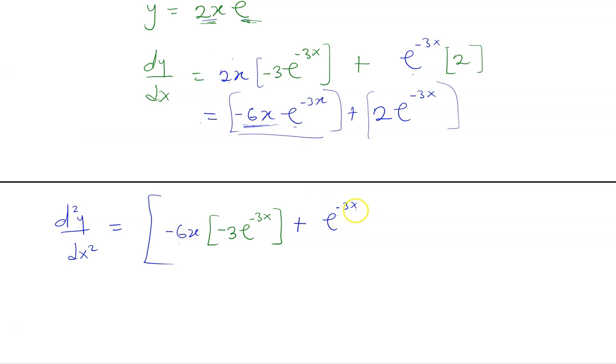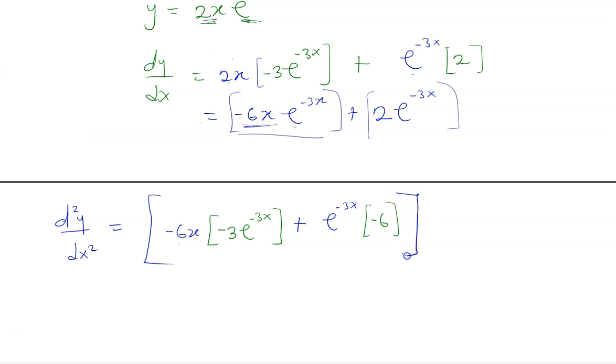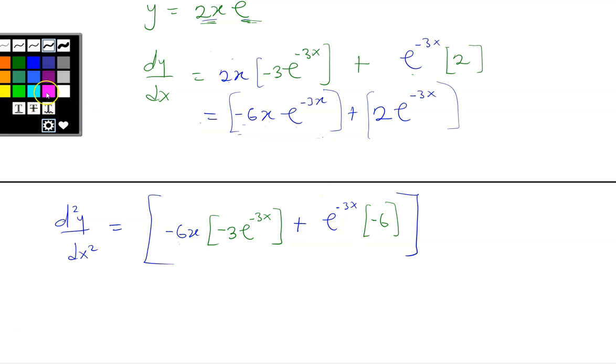We are going to get minus 6. Okay. Yes. So that is the differentiation for the bigger expression there. Okay. So now that we've been able to achieve this one, we need to just differentiate the second term too.